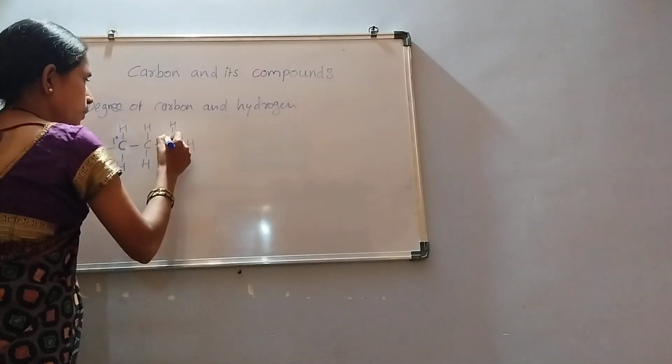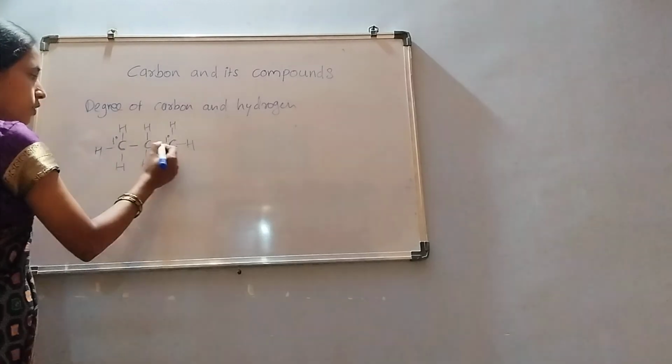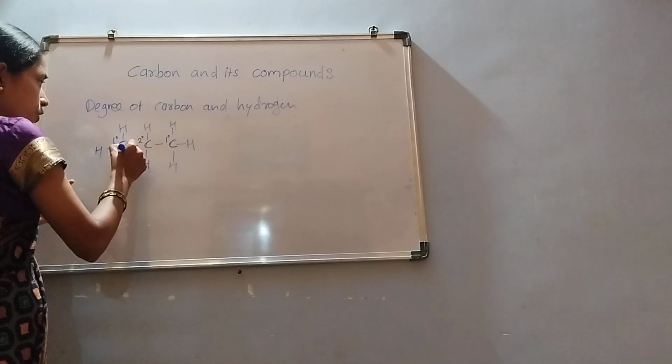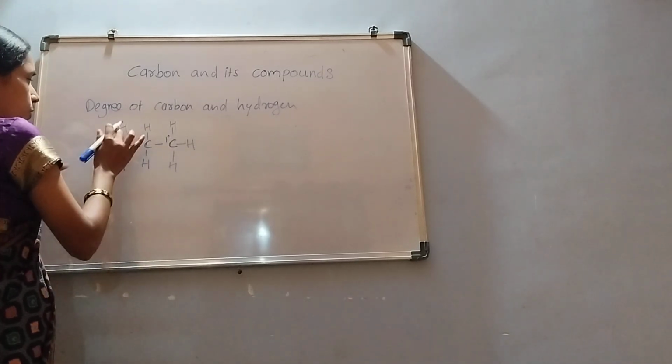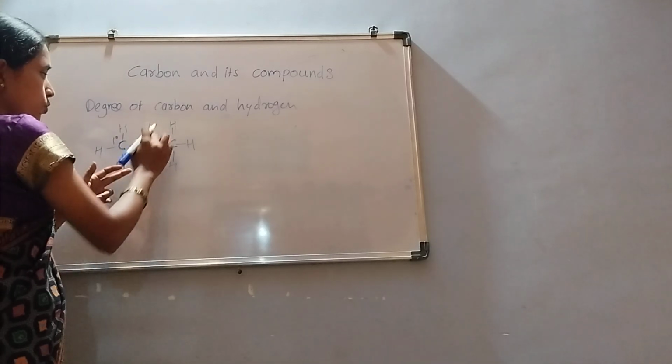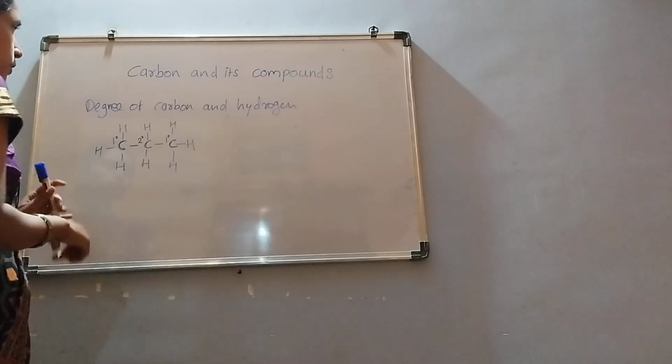In this case also it is a primary carbon, and this carbon is bonding with 2 carbons here, so we call it a second degree of carbon. And the hydrogens attached to the first degree of carbon, we call primary hydrogens only. So these 3 are primary hydrogens, these 2 are secondary hydrogens, and these 3 are again primary hydrogens. So this is the degree of carbon and hydrogen.